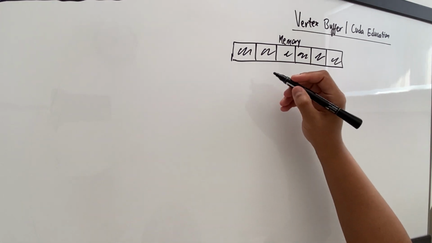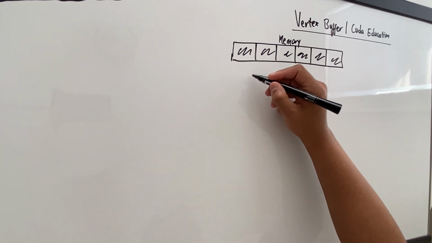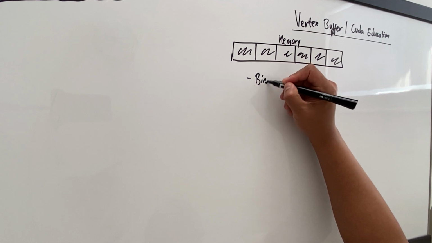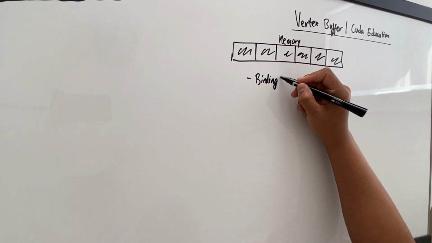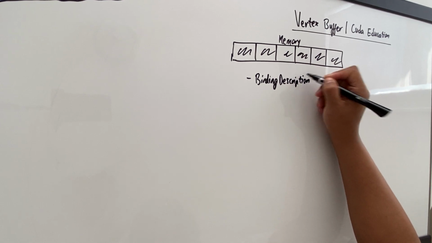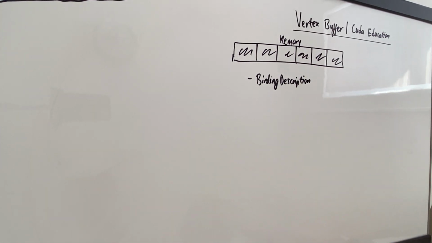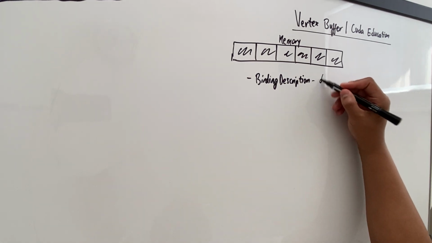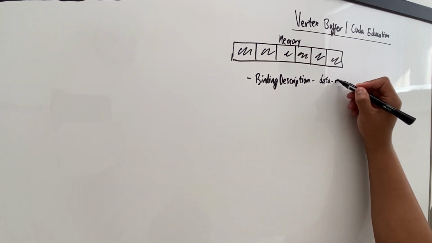One of the first things that we have to communicate is what they call binding description. Okay, and the binding description is simply data related information.